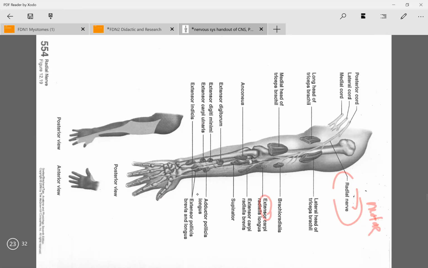So triceps extension, which is extension at the elbow. Extensor carpi radialis longus and brevis, the extensor pollicis, the extensor digitorum, extensor digiti minimi. So radial nerve, quick version, are the extensors of your arm.